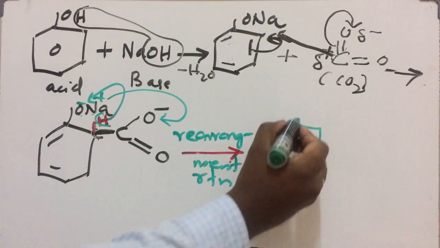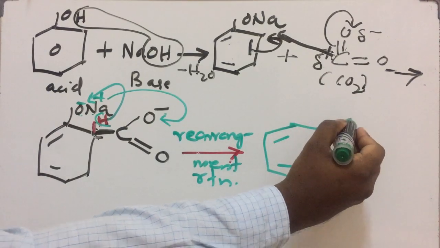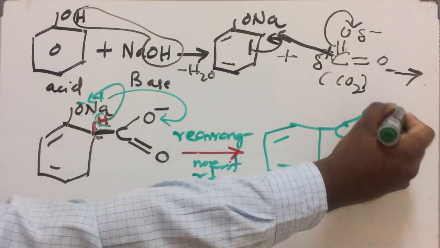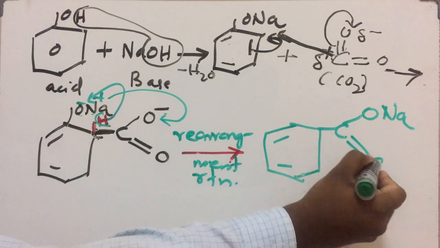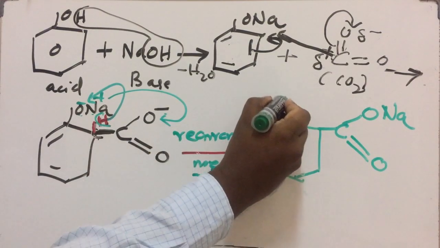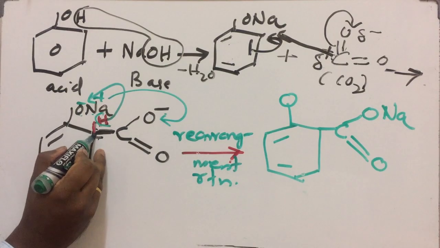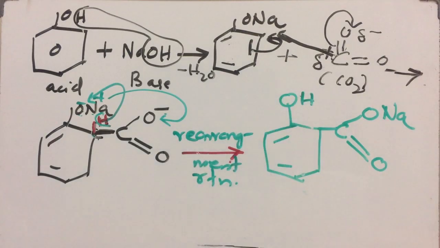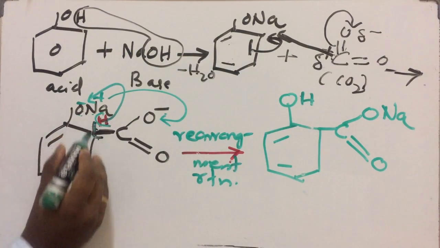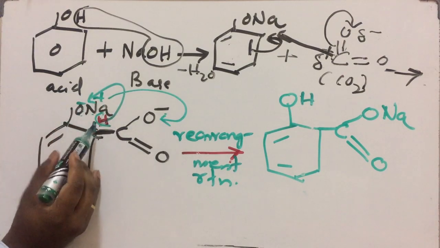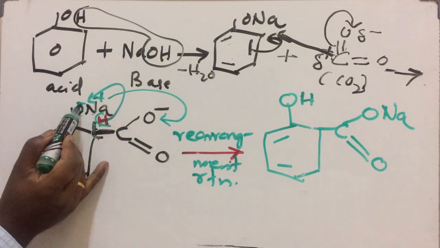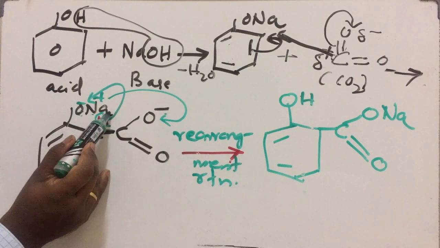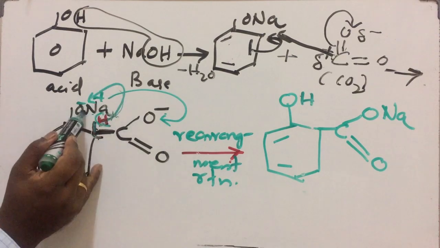Double bond, then C, O minus, and Na plus is moved here, so it becomes ONa. Then double bond O. Then the H present on this carbon shifts to oxygen, so it becomes OH. See, H is moving to oxygen without electron, in the form of a proton, because O minus is here, so proton H plus is moving to O minus.